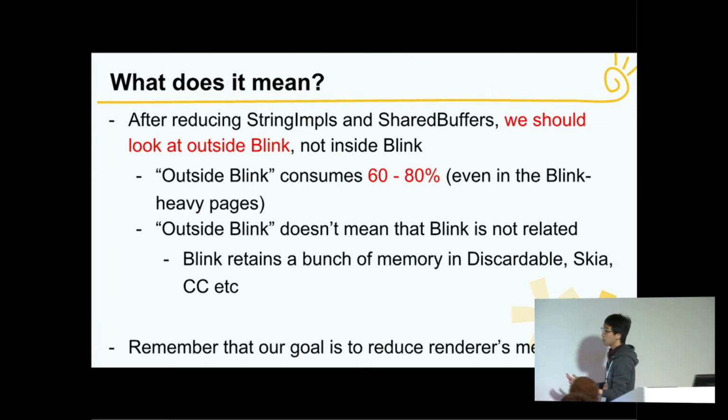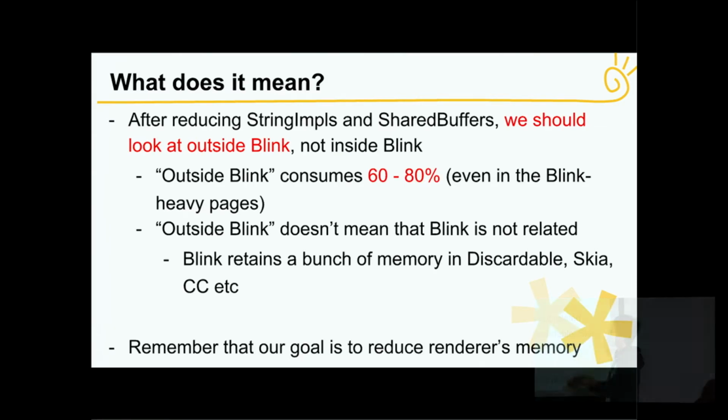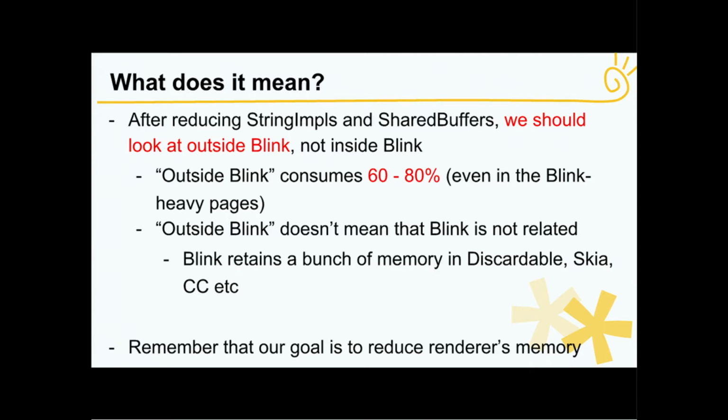Our current understanding is that after reducing string inputs and shared buffers, we should look at outside Blink, not inside Blink. As I mentioned, even in the Blink heavy pages, outside Blink is consuming 60 to 80% of memory. And the important fact is that outside Blink doesn't mean that Blink is not related.